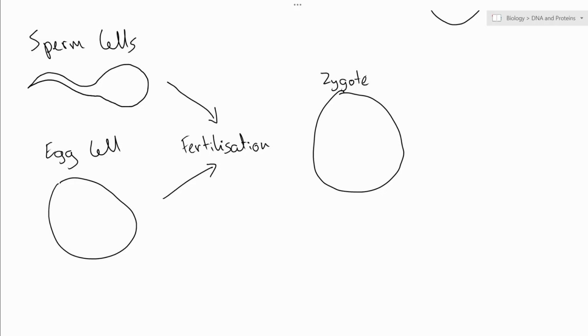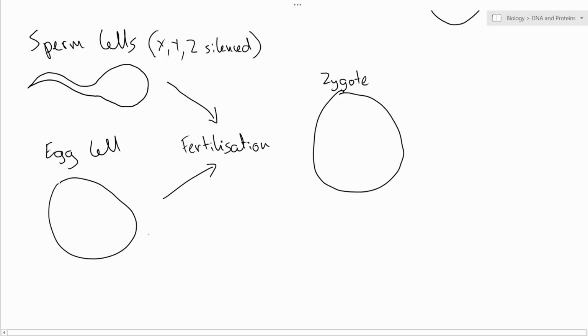Let's say, for example, at the time of fertilization, the sperm cell had X, Y, and Z genes, to be very generic, X, Y, and Z genes silenced. And the egg cell had A, B, and C genes silenced.